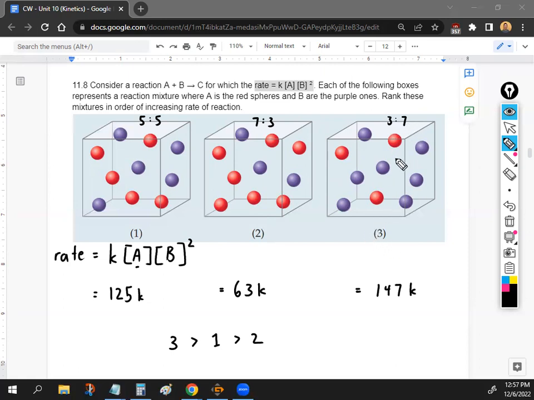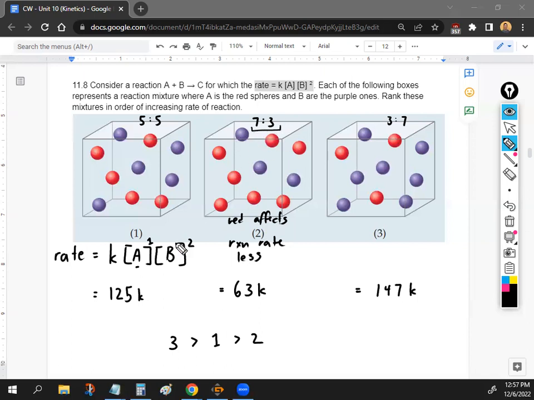Now, what I want you guys to notice is that it doesn't matter if we have more of the red ones here. This is still going to be the slowest reaction because since the exponent is only 1, the red is going to affect the reaction rate the least. Okay, so red affects the reaction rate much less than the purple ones.